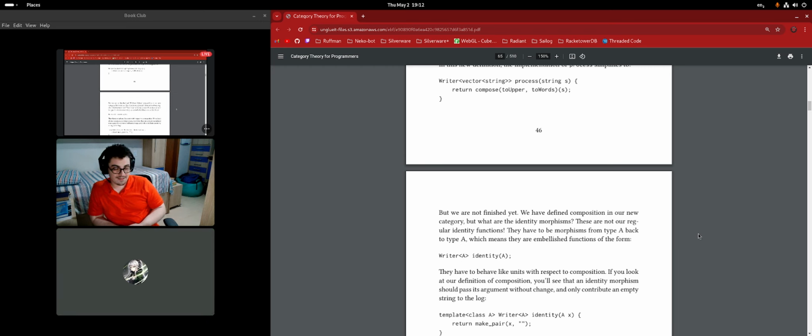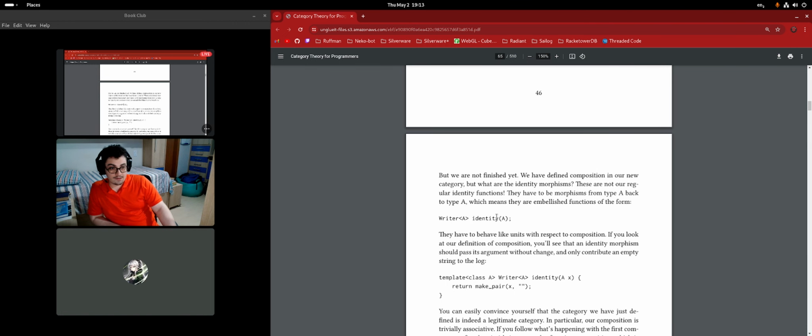Ah, okay. That's cool. Now we're gonna go to the identity of the writer, which is pretty much the empty string, right? So how do you do this morphism of going to the same thing? It's very easy. You just grab the input, return that as the first member of the pair, and the log does nothing.